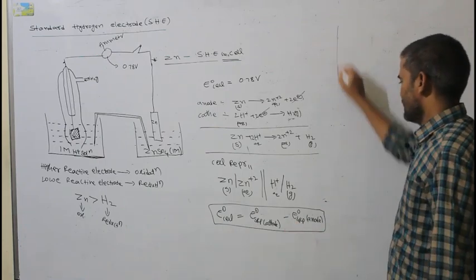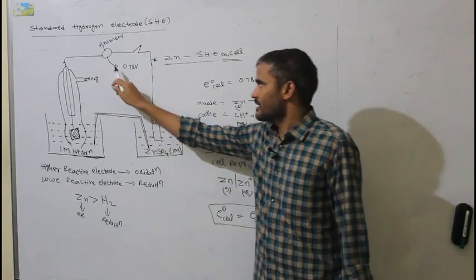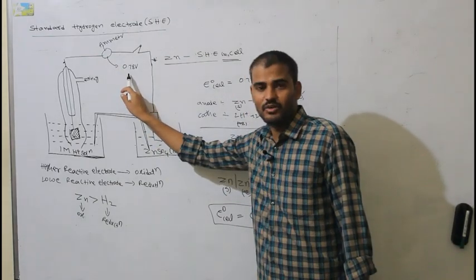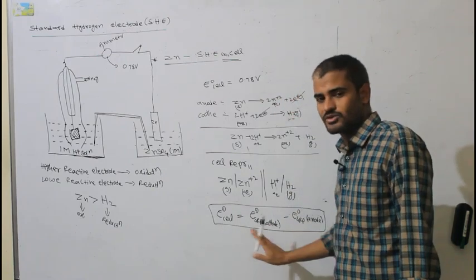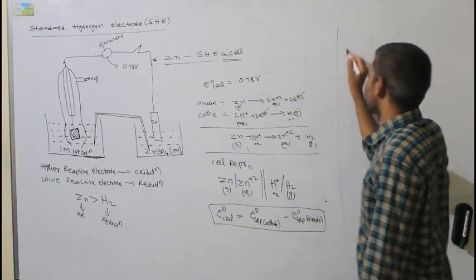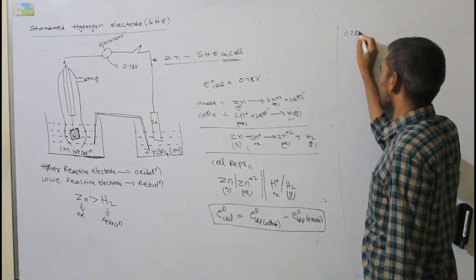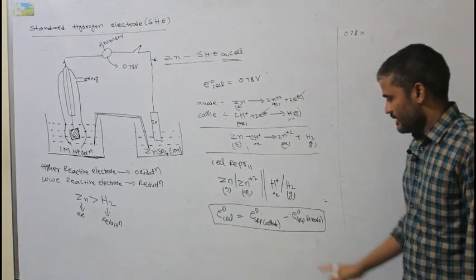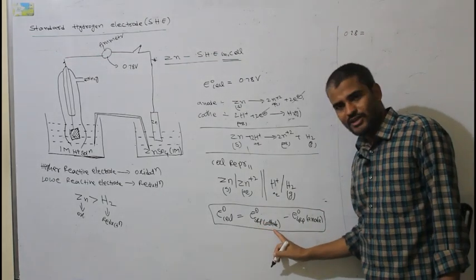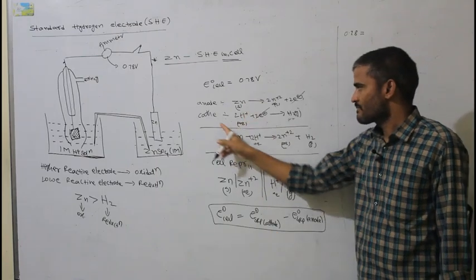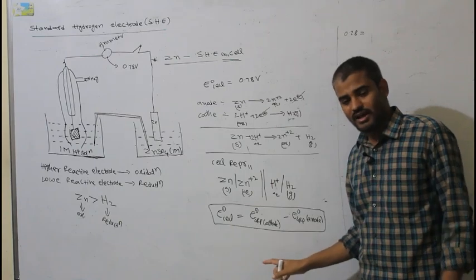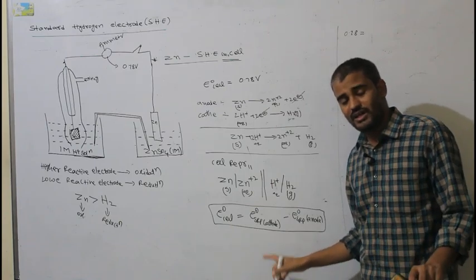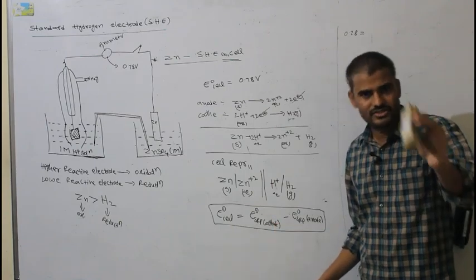Now, in the experiment, the meter showed 0.78 volts. That is the standard E naught cell, the potential difference between the 2 electrodes, so keep it as it is: 0.78 volt. The standard reduction potential of the cathode: which is the cathode here? Hydrogen. The reduction potential of the hydrogen electrode is always 0.